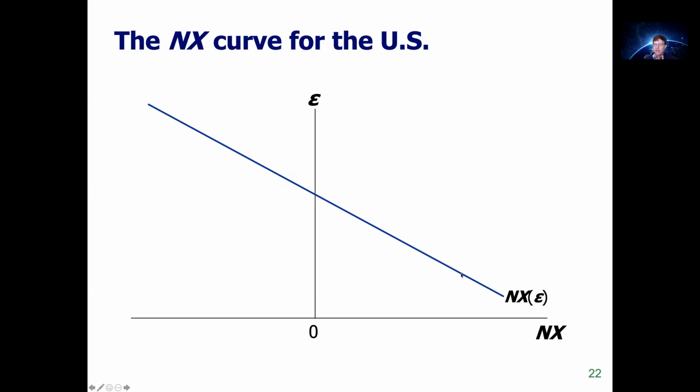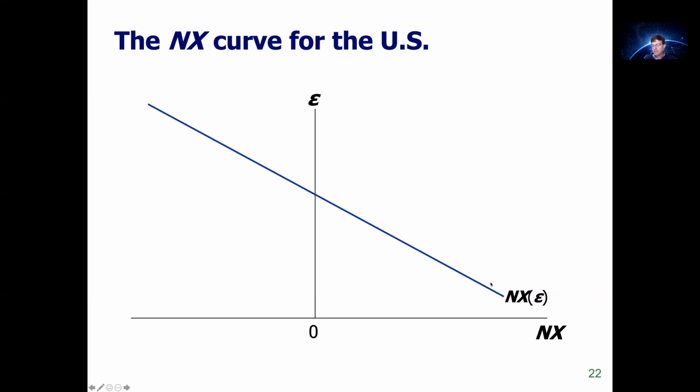And on the other hand, if the US dollar is cheap, the dollar is weak, then we have high net exports. And again, there's nothing necessarily wrong with the weak dollar. Weak and strong are traditional ways of describing this, but in this context, weak is not necessarily bad, strong is not necessarily good. A strong dollar just means high epsilon, weak dollar means low epsilon.